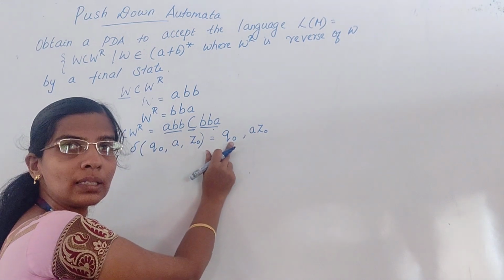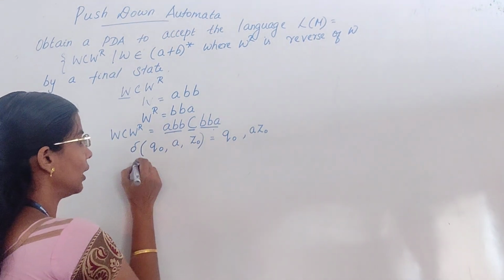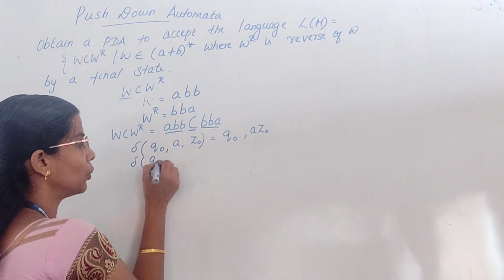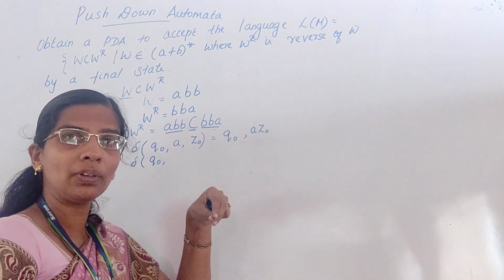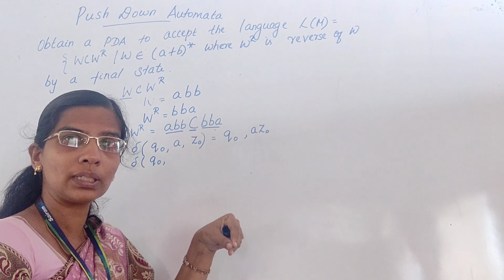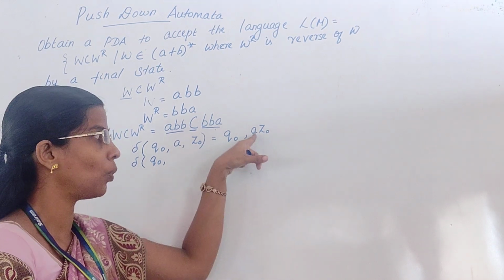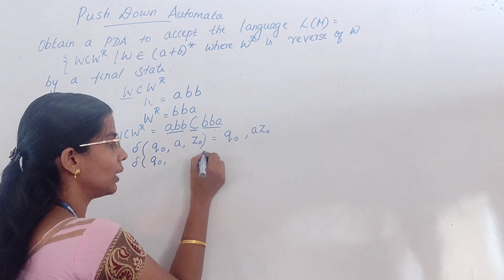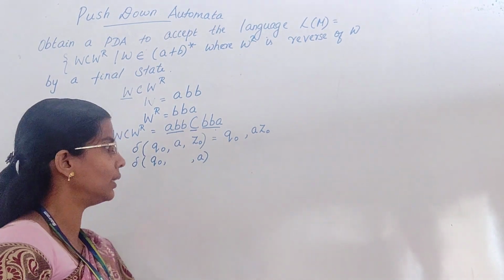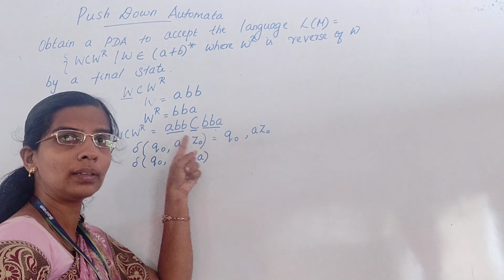Now, which is your current state? Q naught. So delta of Q naught. What is your stack top? Whatever symbol you have pushed inside your stack, that will be your stack top. What I have pushed is A, so my stack top is A. What are the three things?